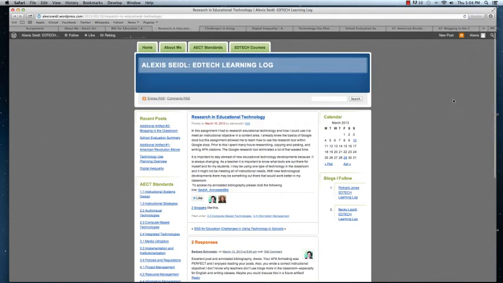The next assignment was to do an annotated bibliography using Google Scholar. I have done a lot of research in my undergrad and my credential program, but I had never used Google Scholar prior to this, and I wish I would have known about it because it does make research a lot easier.